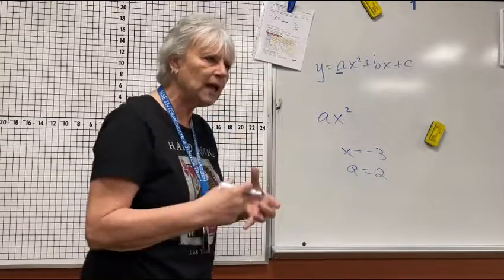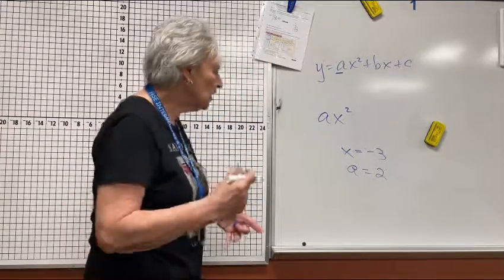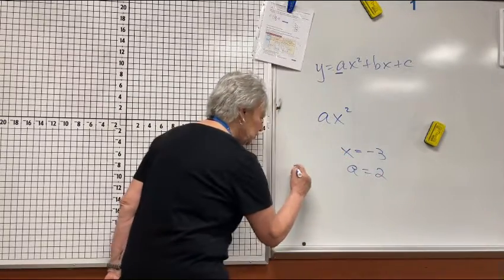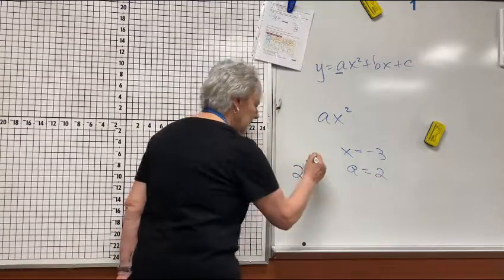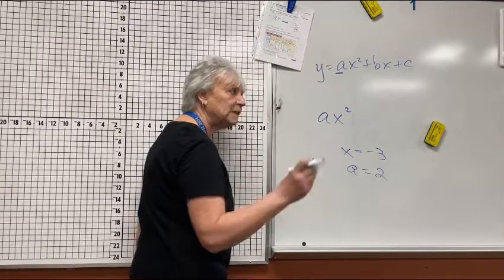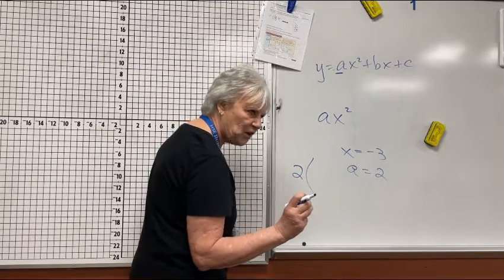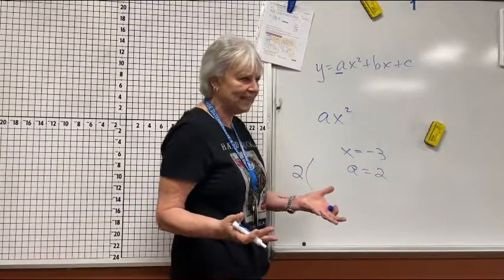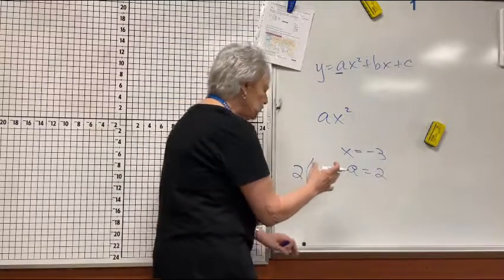When you are going to plug it into your calculator, because these numbers will get hard, you're going to plug in 2, left parenthesis. You ask, why is there a parenthesis? Because x squared has to be done first. Now you can do a lot of these in your head. You won't have to plug it in the calculator. But this is how you're going to use your calculator.